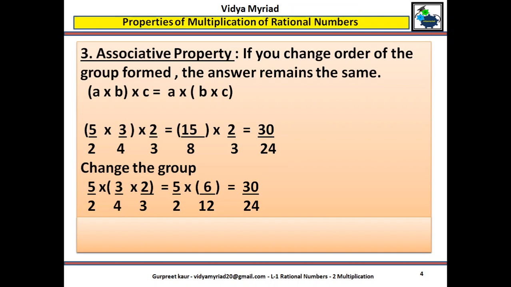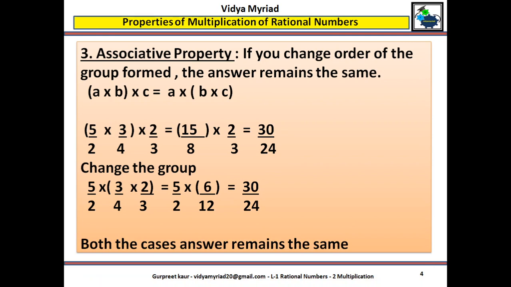So I will get 6 upon 12, which is multiplied by 5 upon 2, which was the first one. When I do that, I get the answer 30 upon 24. So in both cases your answer is the same, which is 30 upon 24. So in the associative property of multiplication, whether you change the group in any way, you will get the same result.